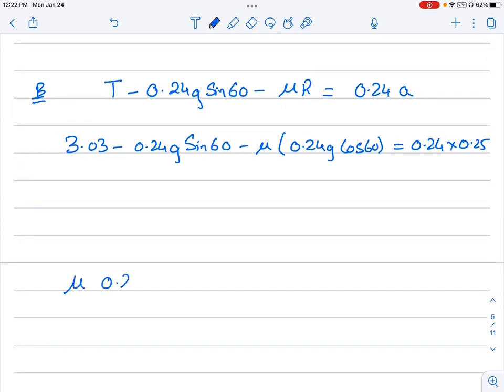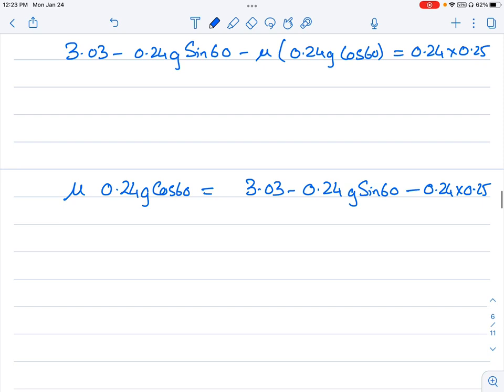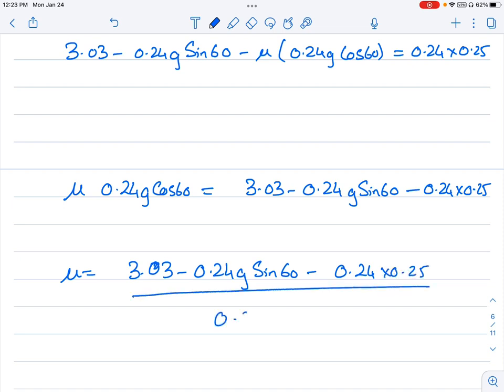From this, make mu the subject. Mu times 0.24 g cos 60 should be equal to 3.03 minus 0.24 g sine 60 minus 0.24 times 0.25. So mu is equal to (3.03 minus 0.24 g sine 60 minus 0.24 times 0.25) upon 0.24 g cos 60.